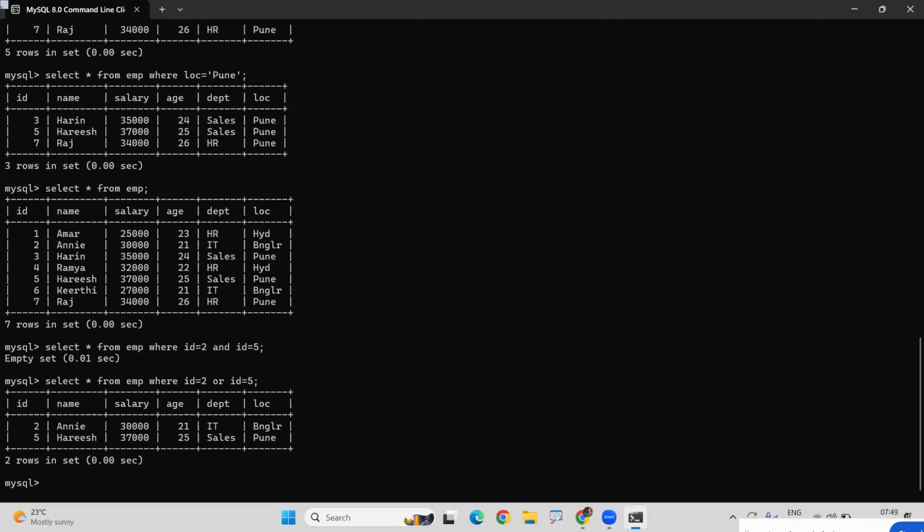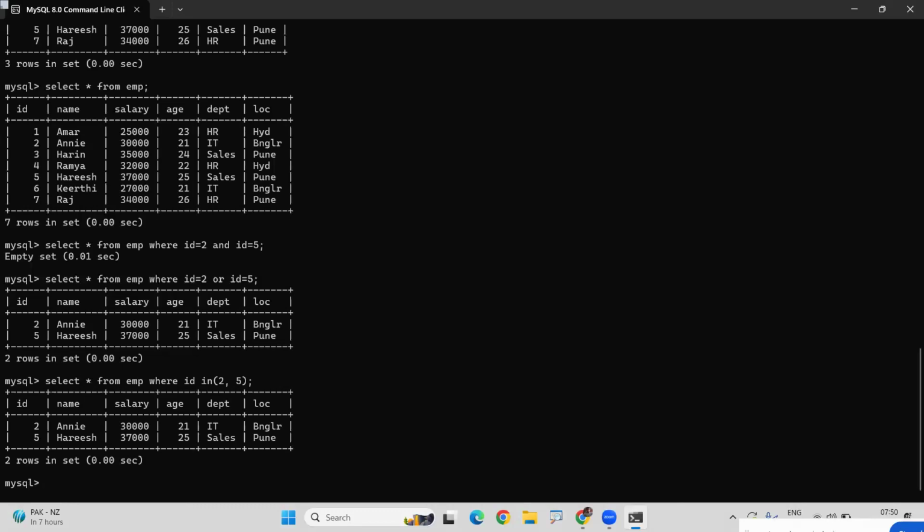Fifth record will give, or operator. Right here, this OR operator, you can simply write like this: select star from employee where ID in 2, 5.